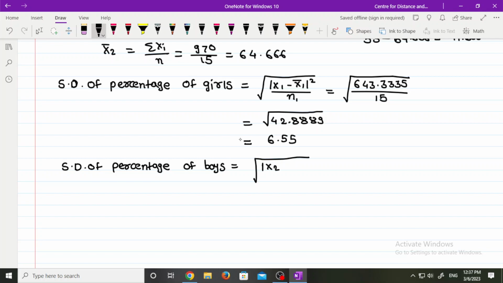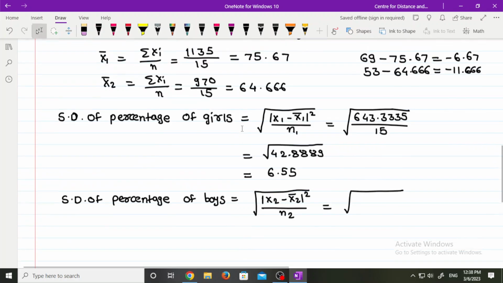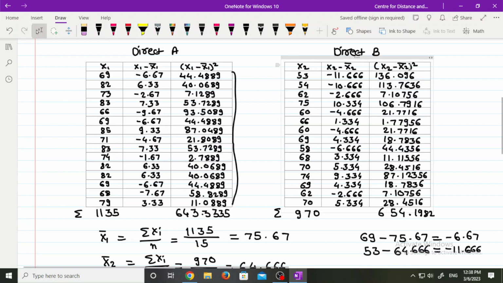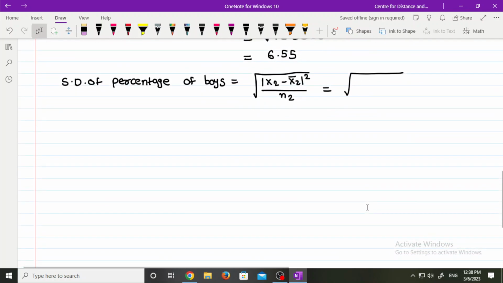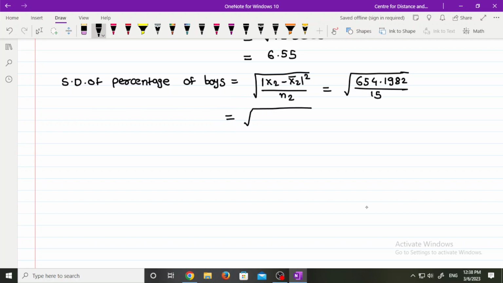the square root of the sum of x2 minus x2 bar, squared, divided by n2, which is equal to the square root of, here, the sum of x2 minus x2 bar squared is 654.1982, divided by 15, which is equal to the square root of 43.6132.